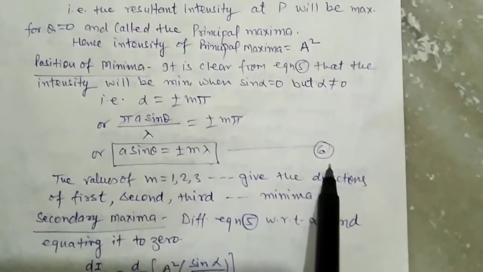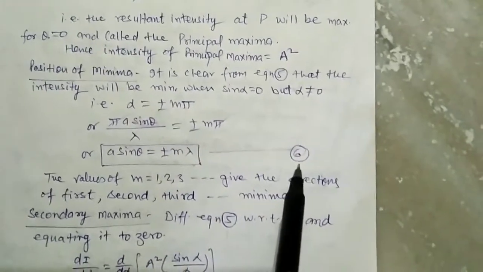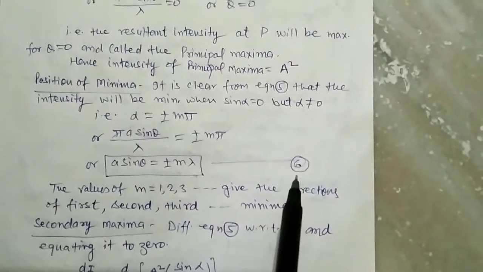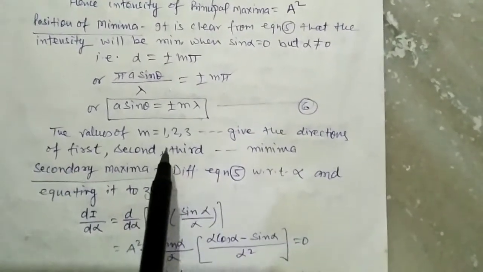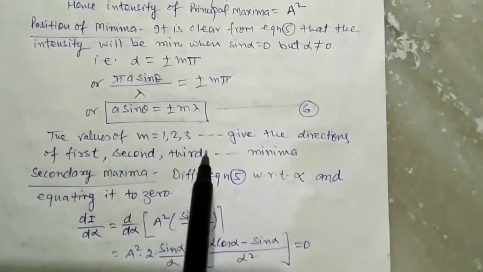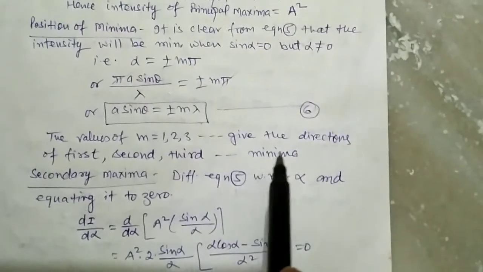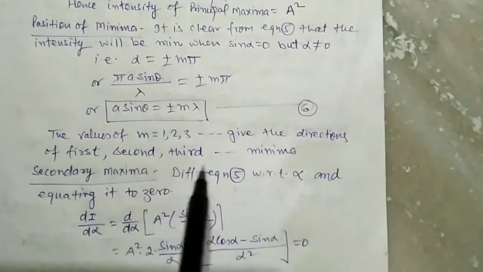This is equation number 6 and the condition of minima. The values of m equal to 1, 2, 3 and so on give the directions of first, second, third minima.